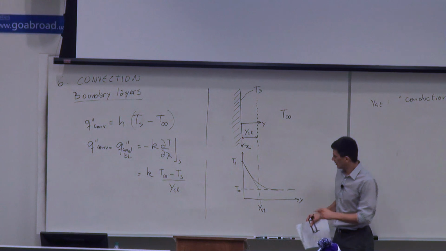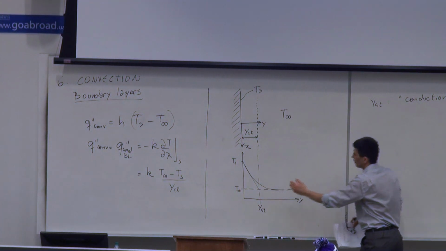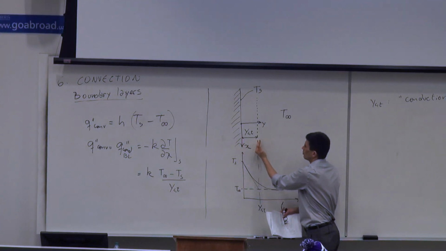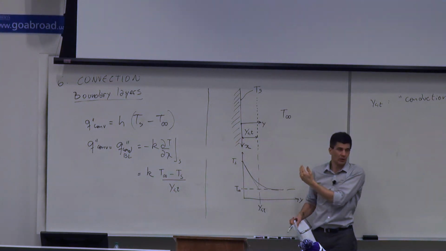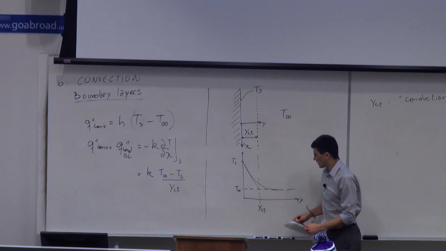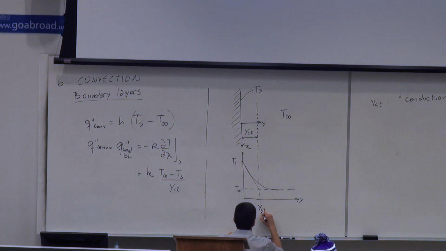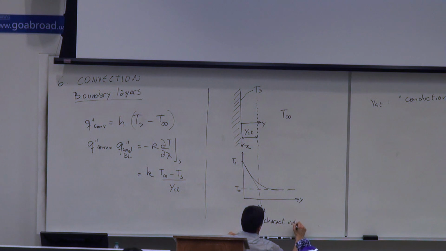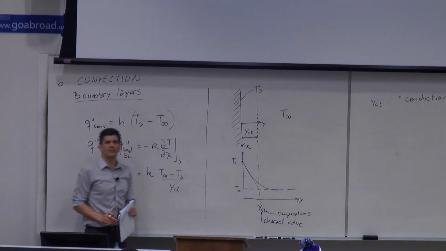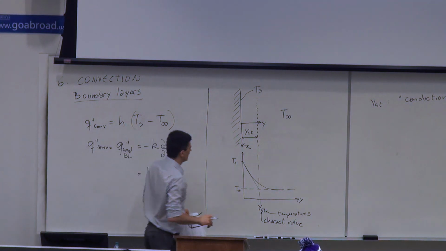So y is because we're in the y direction, that is typically the one we use to measure perpendicular to the wall in convection. The c is because it's a characteristic value. And the T is because it's for temperatures. All right, horrible notation. I would love to call it delta, but it would confuse us.